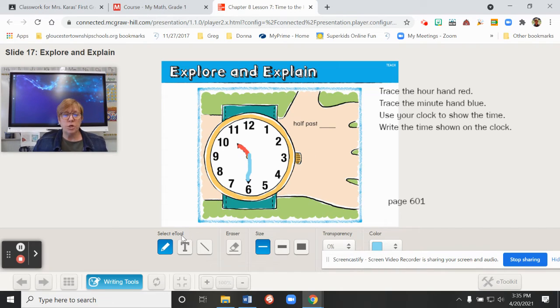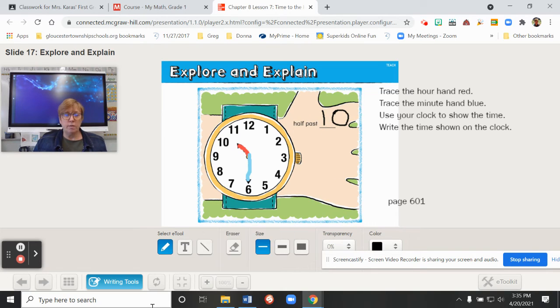All right, so what time is shown on the clock? Half past what? Remember what I said, where is the hour hand leaving? Half past 10, okay? Half past 10 is your answer.